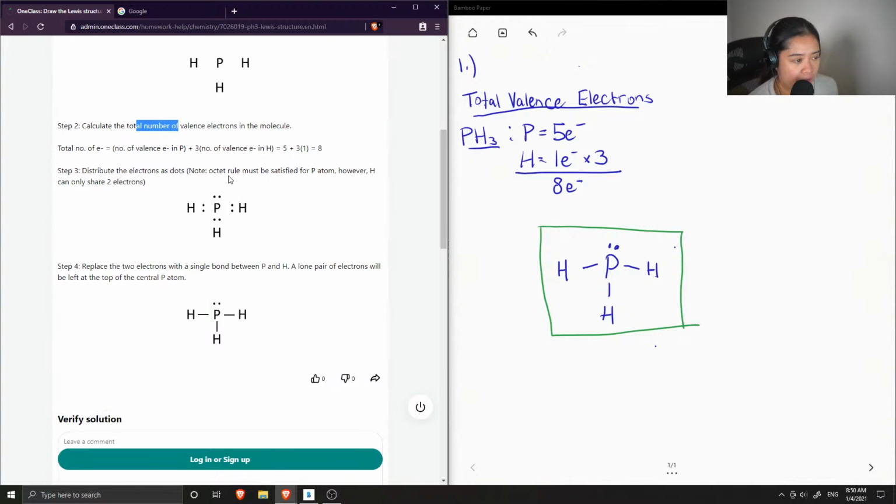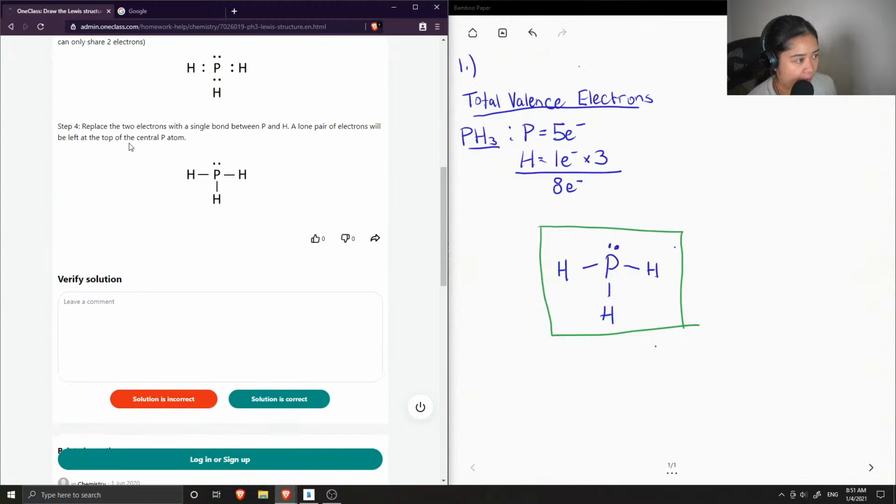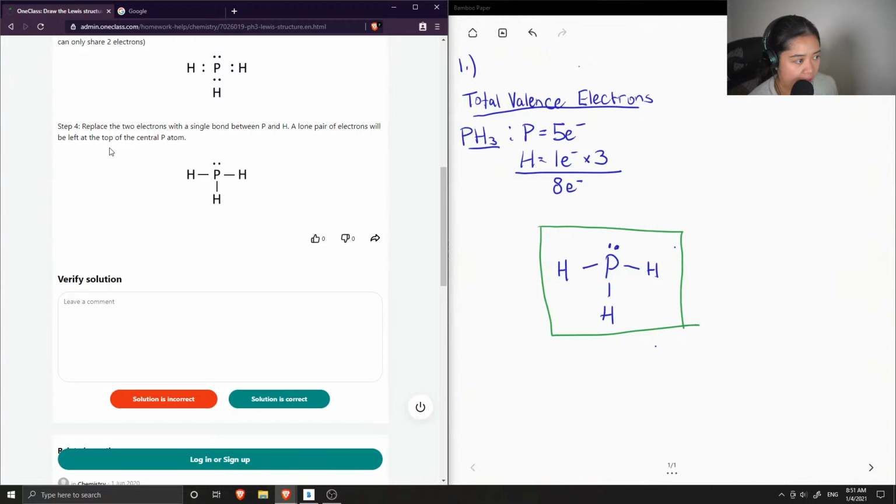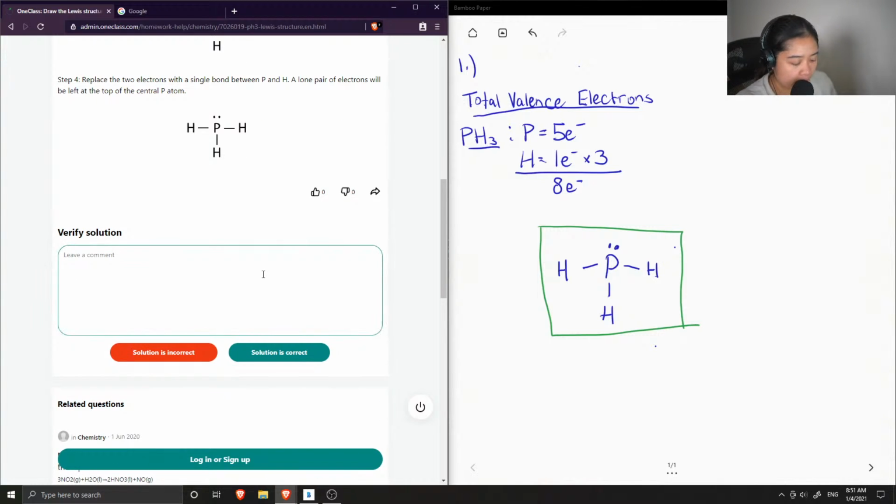Note the octet rule must be satisfied for the phosphorus atom. However, hydrogen can only share 2 electrons. Step 4, replace the 2 electrons with a single bond between phosphorus and hydrogen, and then a lone pair of electrons will be left at the top of the central phosphorus atom. Yep, so this solution is correct.